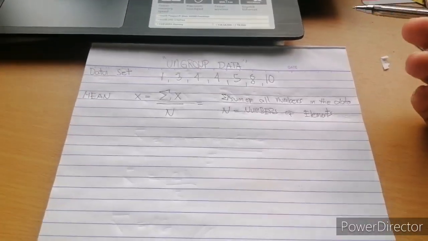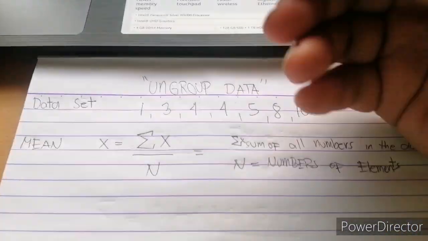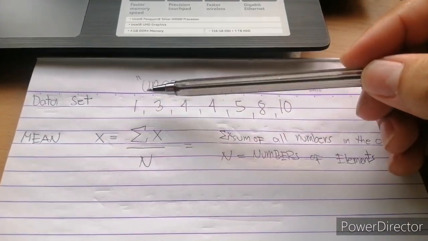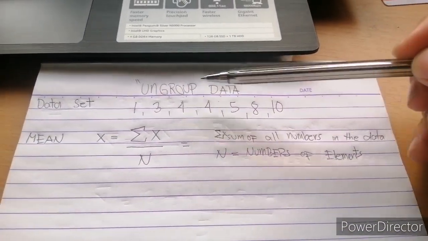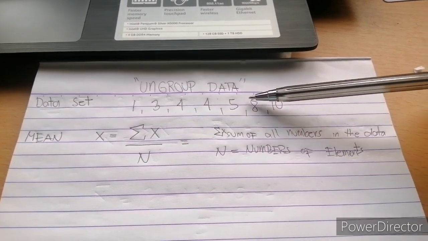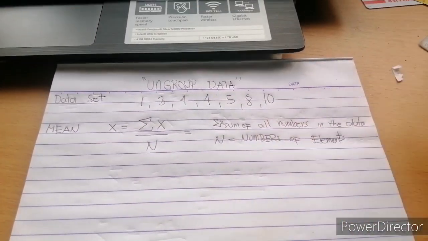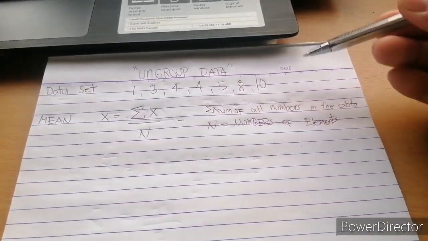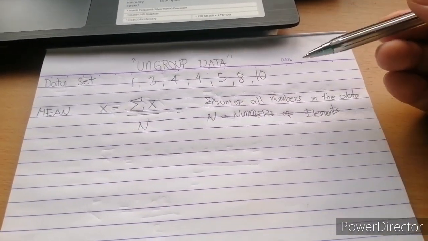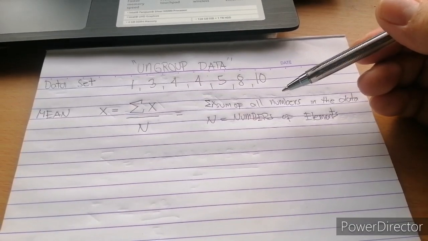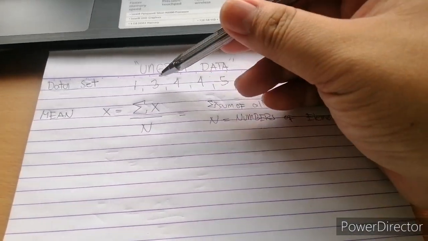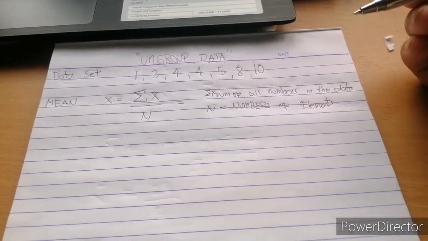For example, we have the data set here of 1, 3, 4, 4, 5, 8, and 10. By getting the mean of this data set, we have to add all these numbers and divide it by the number of elements of this data set.